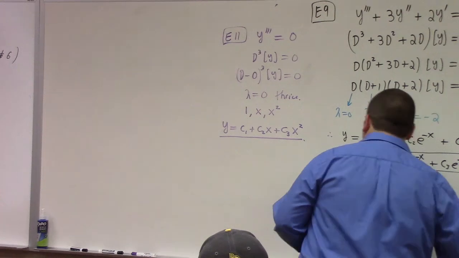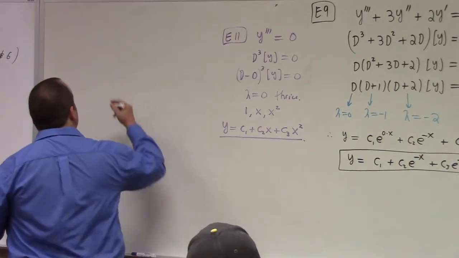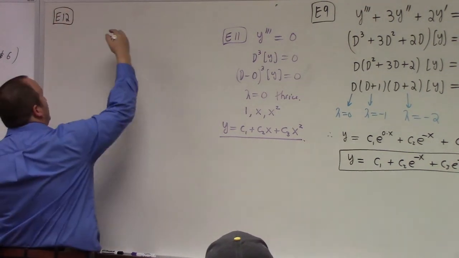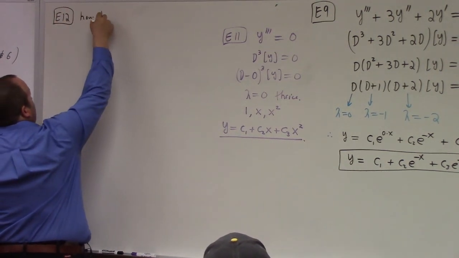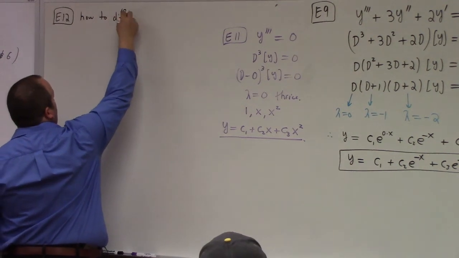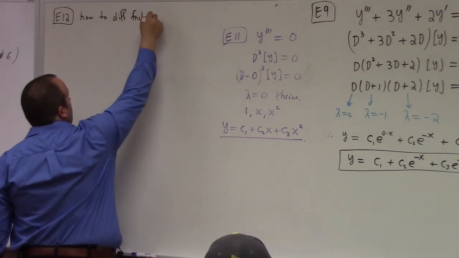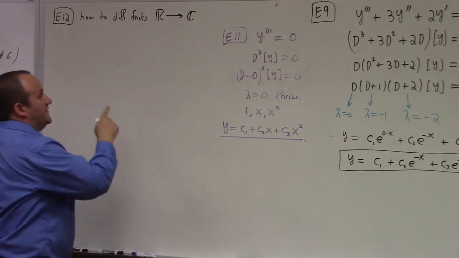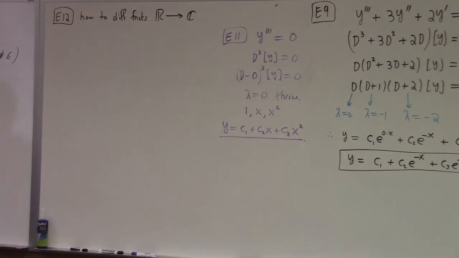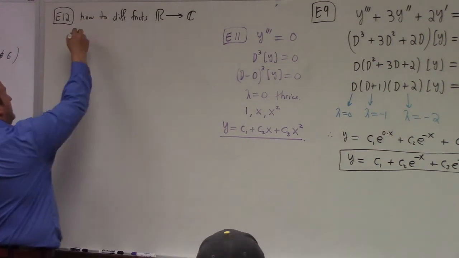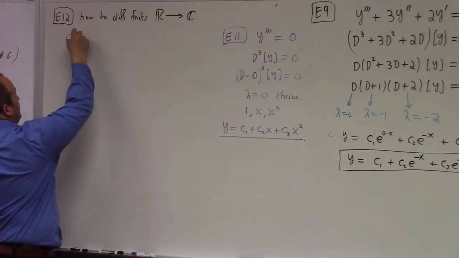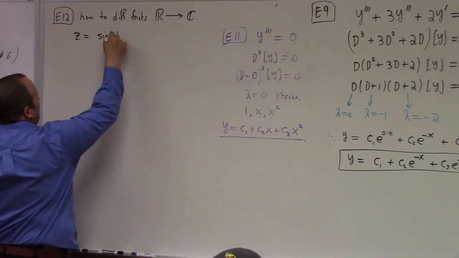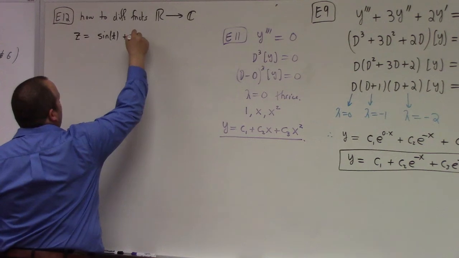All right, so let me give you an example. Again, not following example 11, but how to differentiate functions that go from R to C. So this is a complex valued function of a real variable, something like z equals sine of t plus i times e to the t.